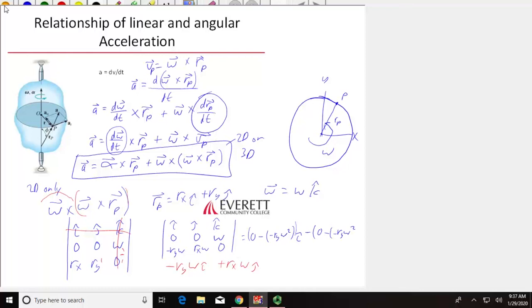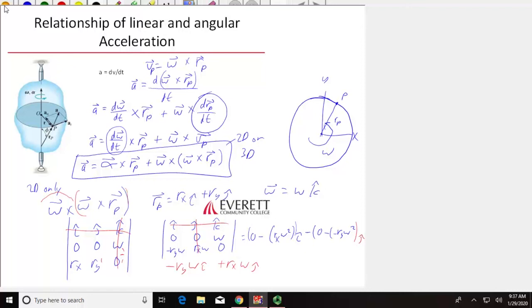Oops. The first one should have been r_x. And there's no negative here. Let me go ahead and do the crossouts to show what I'm talking about. The first part there should have been 0 minus r_x omega squared. And the second part is 0 minus negative r_y omega squared, j.